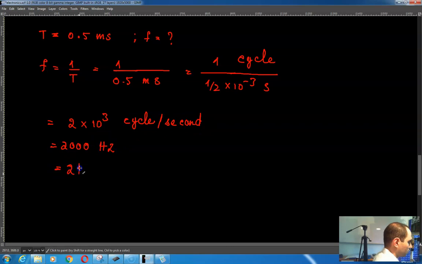That's the same thing as 2 kilohertz, right?